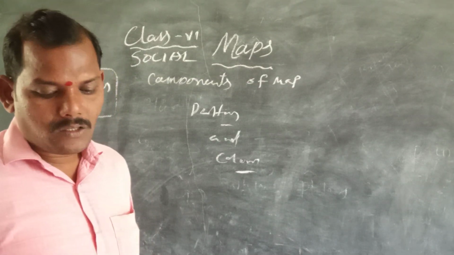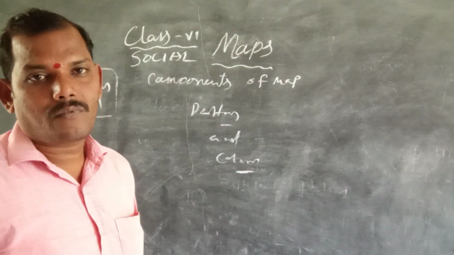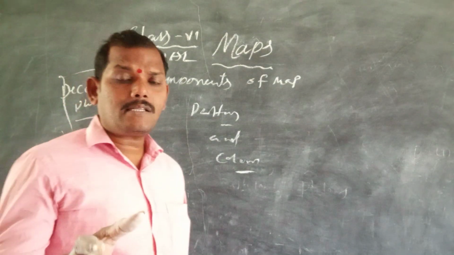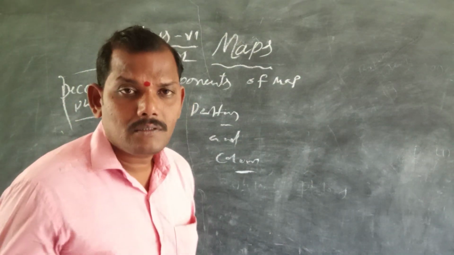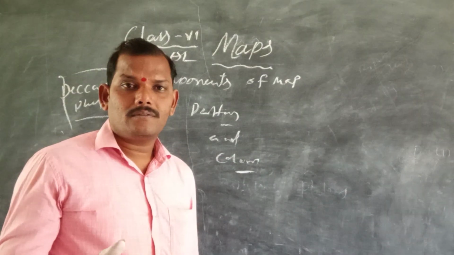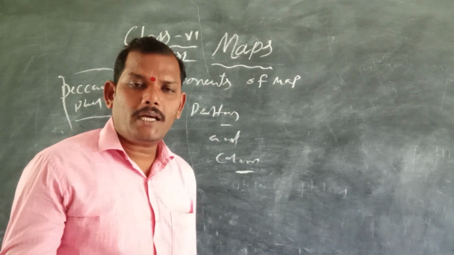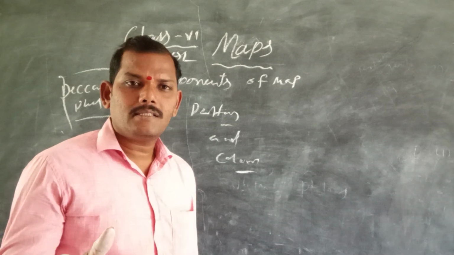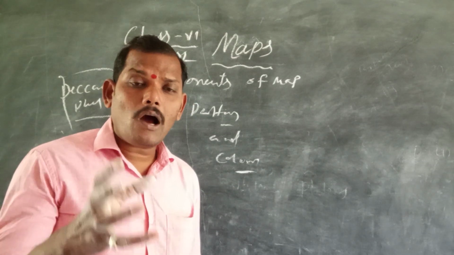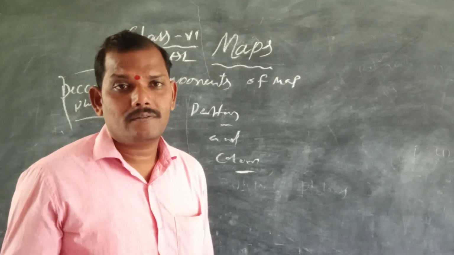The colors express different land features. Why? Because the land consists of different features. Like rivers, trees, hills, mountains, plateaus, plains. These are all not shown directly.